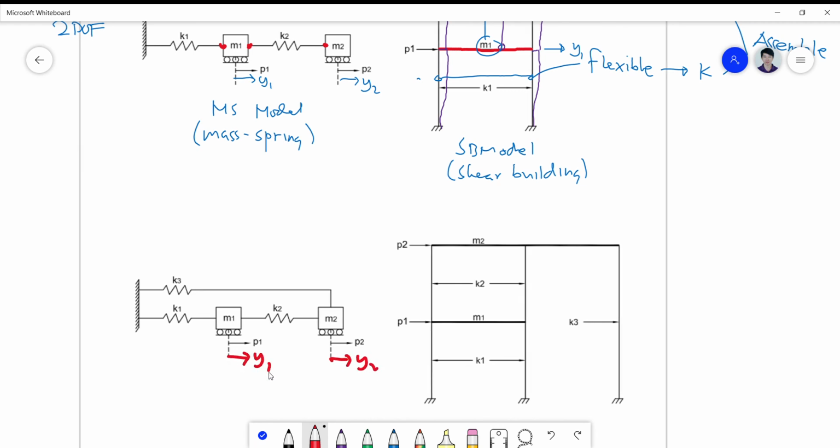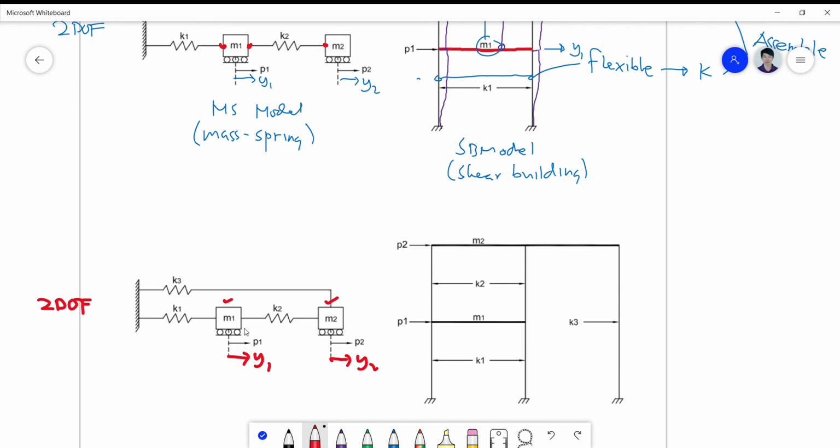Still, this is a 2-degree of freedom system, because I want you to take note that you simply count the mass and it will give you an idea. It's not all the time correct, but this is the easiest way to do it for very basic situations like this. Okay, so 2DOF.